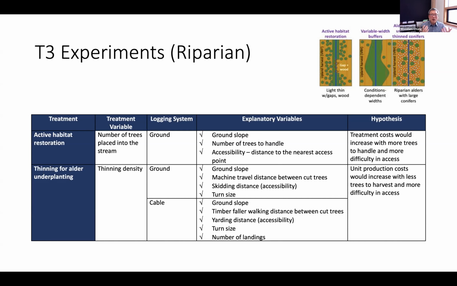So I don't think the paired study works for riparian. But through time study, we can measure how long it takes to cut down trees and move trees into, or place trees into, the stream. We can measure the time and then estimate costs of the treatment.